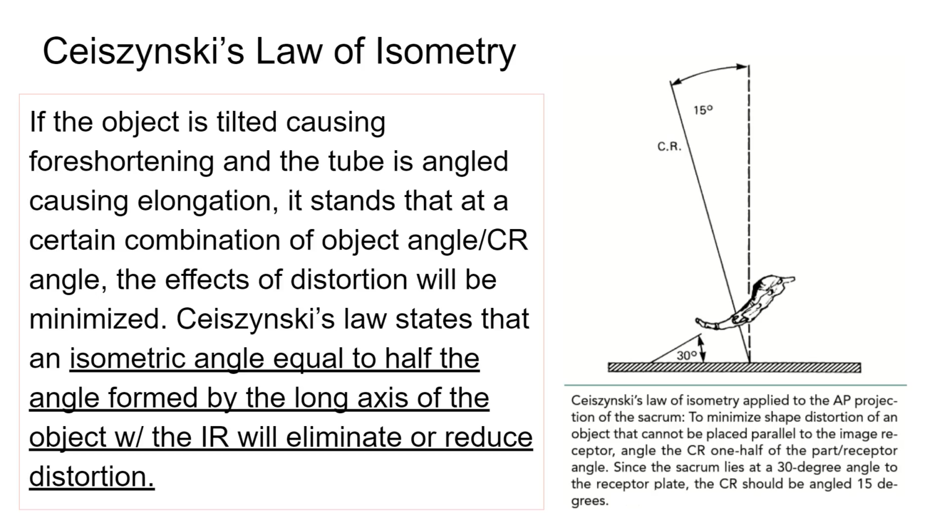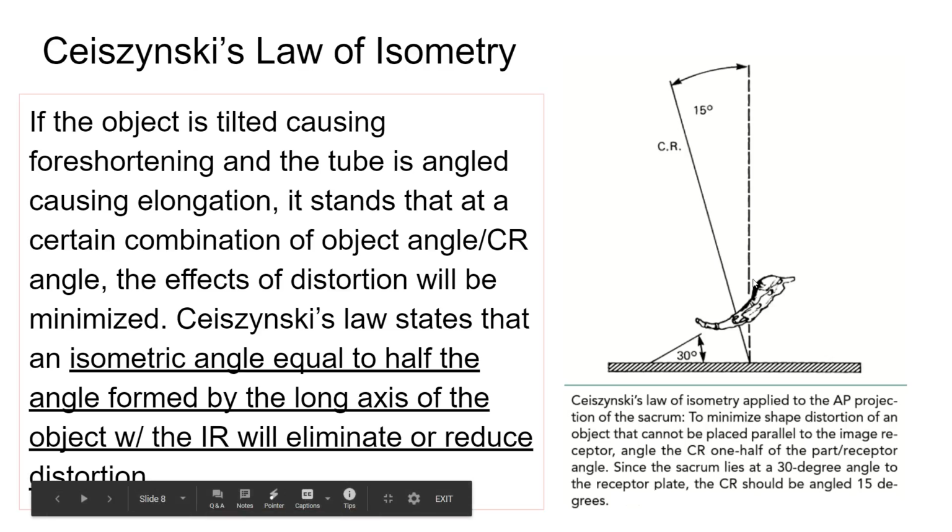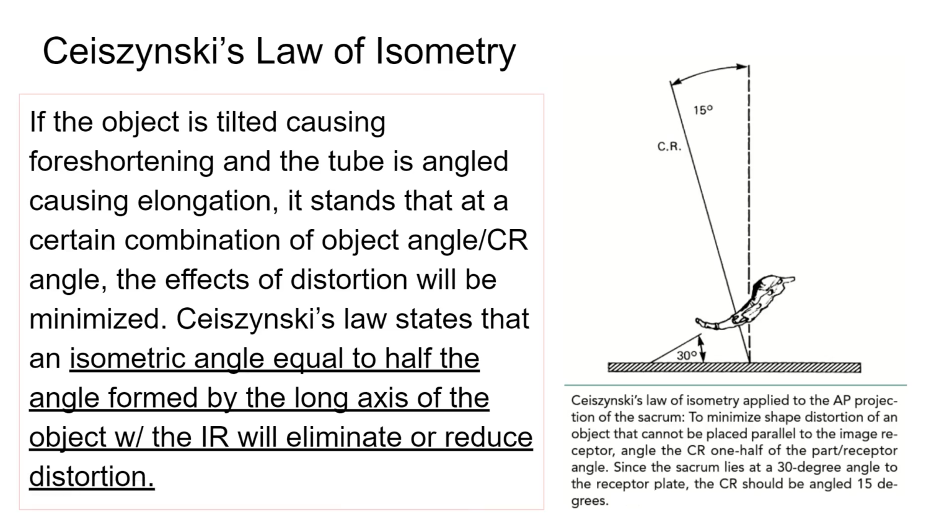We can then place what's known as an isometric angle on the tube, which means we take half of the angle the part makes with the image receptor and place that onto the tube. So if this is 30, tube angle becomes 15, and that will reduce, if not eliminate, the distortion.